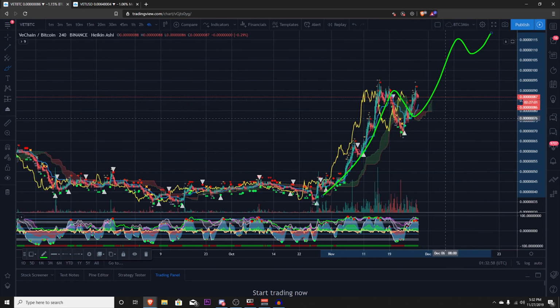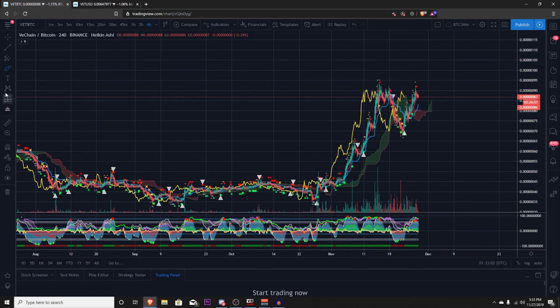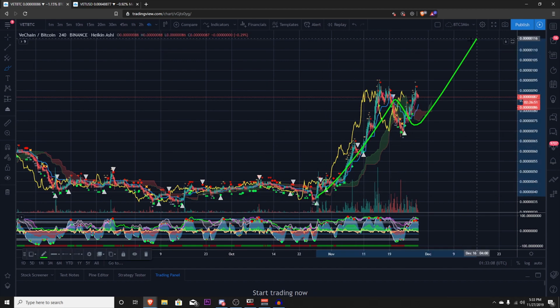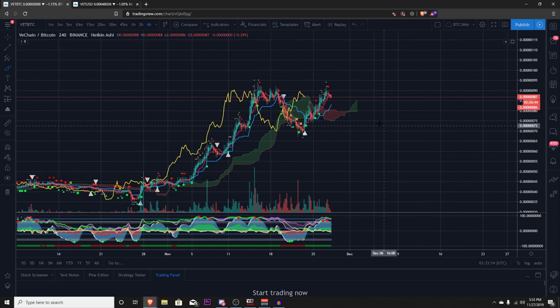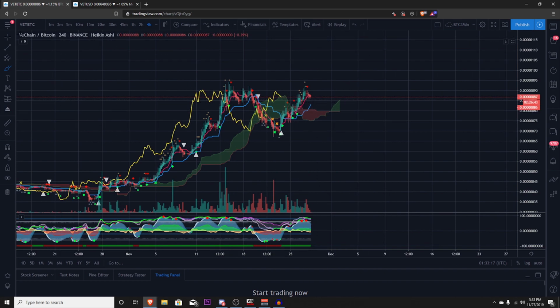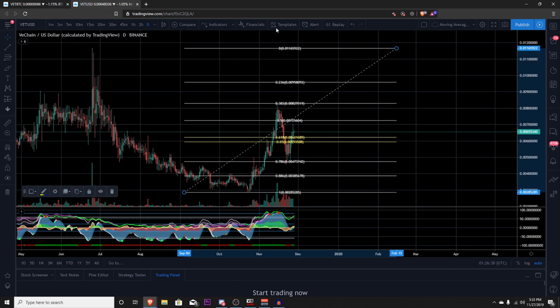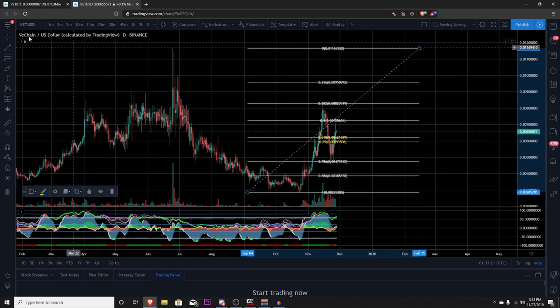This could be 1, 2, and then we go for a third, and then a fourth, and then a fifth. But we don't know if this is actually going to play out. That would be pretty bullish if it does play out. Or we could really have an ABC, an A, B, C, and up. But we're going to have to wait and see how this plays out, because we don't really know if that is going to be the case.